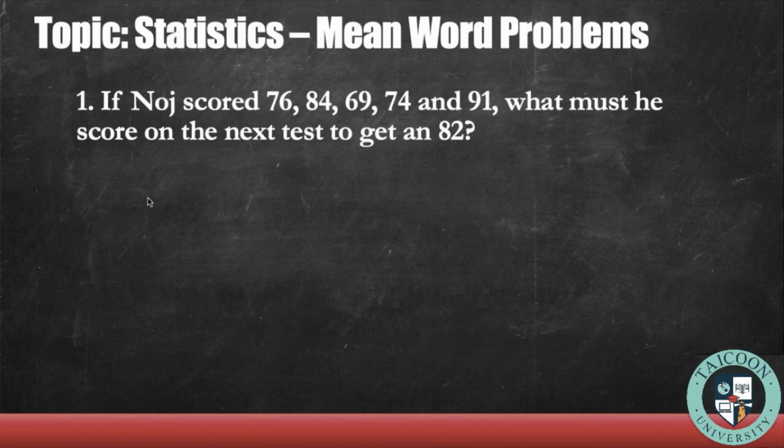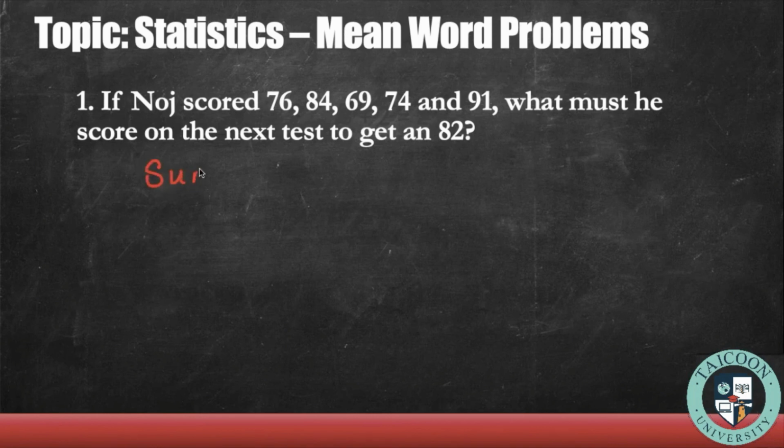If Naj scored 76, 84, 69, 74, and 91, what must he score on the next test to get an average of 82? You'll notice that we're given 5 test scores. But when we look at the average of 82, that's actually based on 6 test scores. So let's use the formula we just discussed.